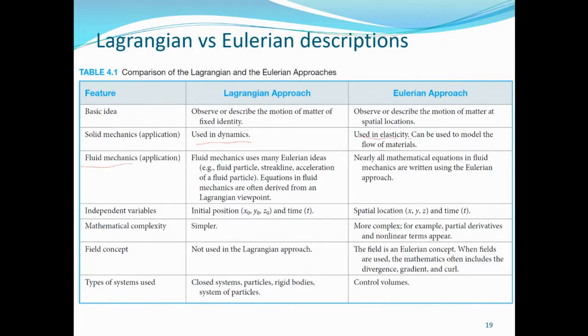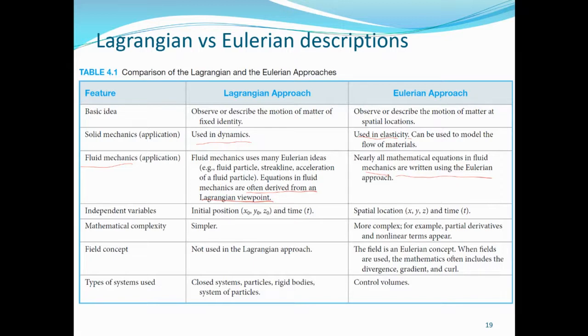But for fluid mechanics, all mathematical equations are written using the Eulerian approach. We can also derive some stuff using the Lagrangian approach. Equations may often be derived from a Lagrangian viewpoint, because we look at a particle, derive the equation, and then integrate it to generate the Eulerian counterpart.